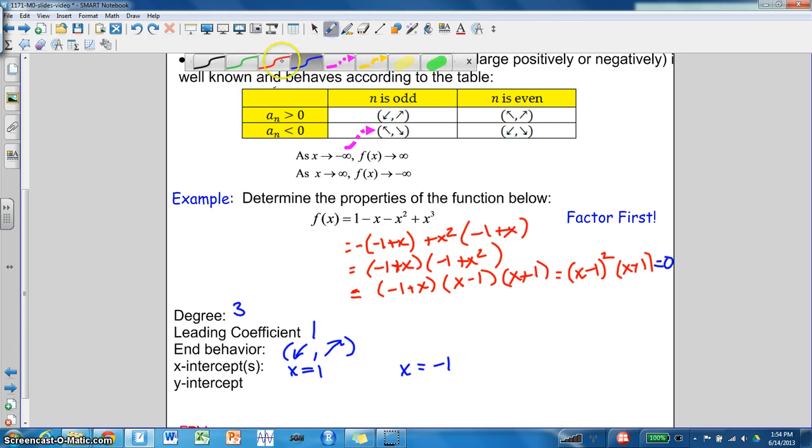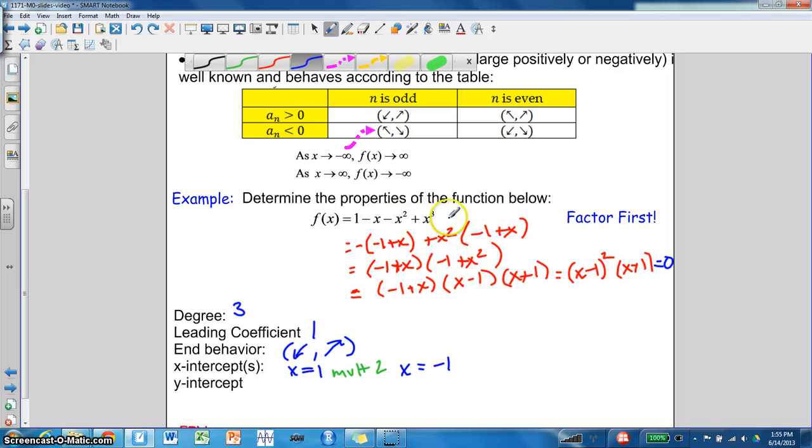One other thing we should technically say here, that since we have two zeros at 1, I should say this is multiplicity. I'm just going to write mult 2, because that's the number of zeros I have that are 1. Lastly, y-intercept.